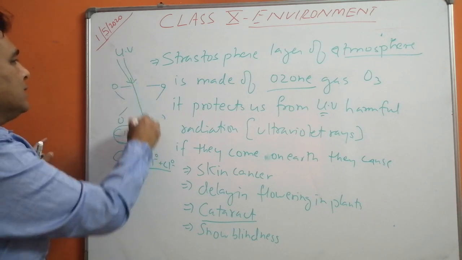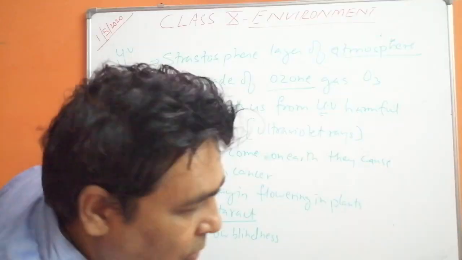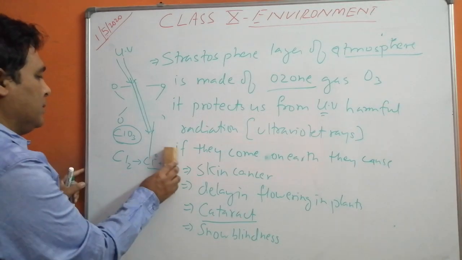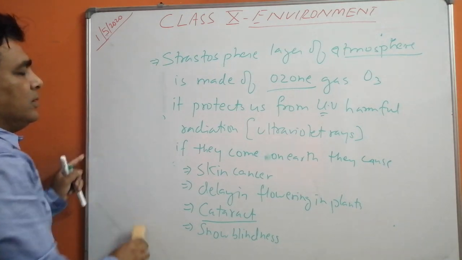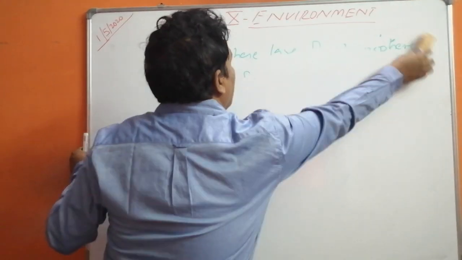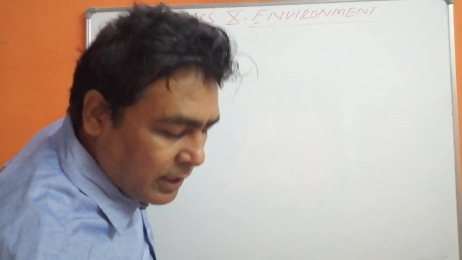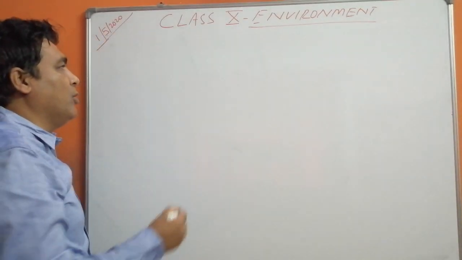When the ozone breaks, UV can come to the earth, so definitely, children, it can cause a lot of harm. So ozone is very important for us, not only for us but also for the plants. Otherwise the flowering is not going to take place and the fruits will not be formed.